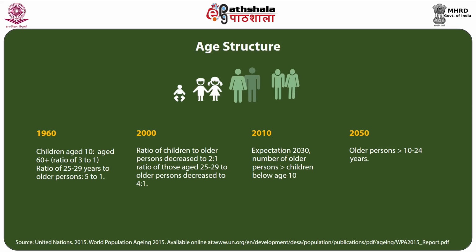What it clearly indicates is that the number of older persons is increasing compared to the children below the age group of 10 years. And furthermore, it is expected to increase further.